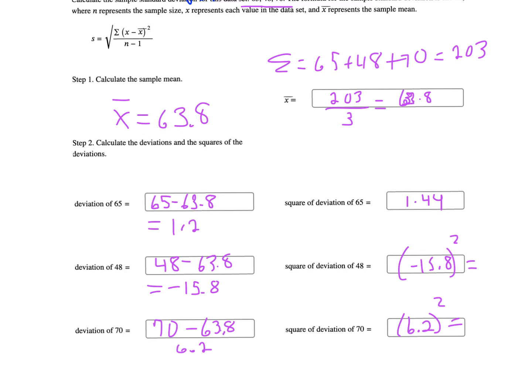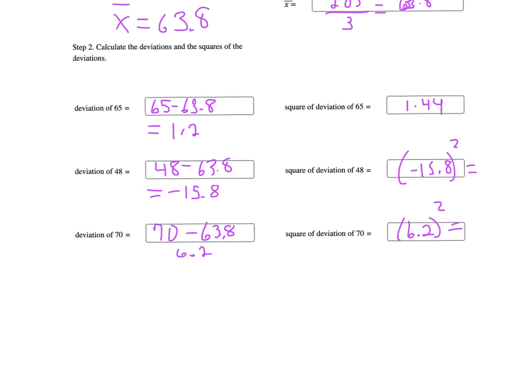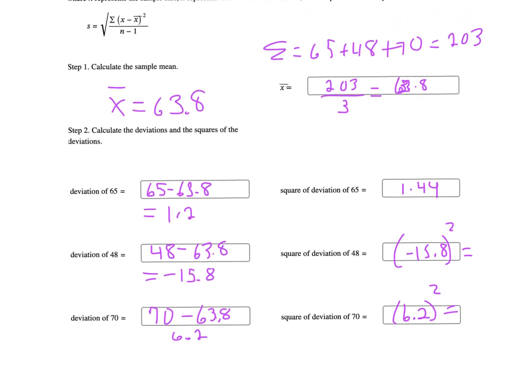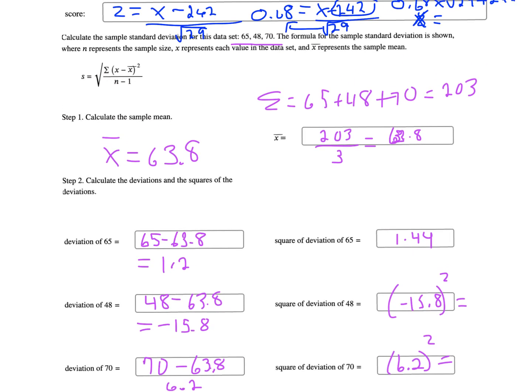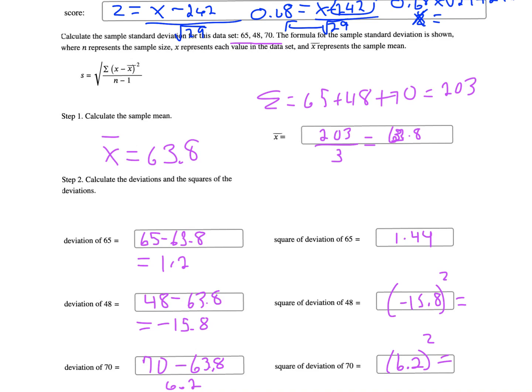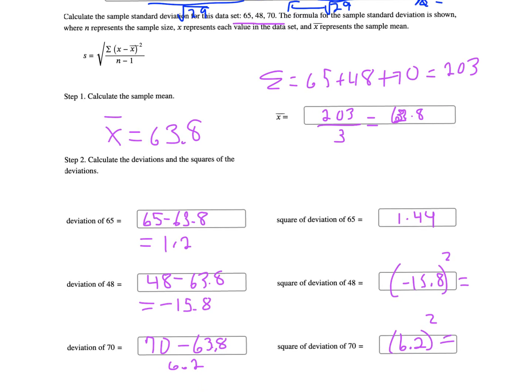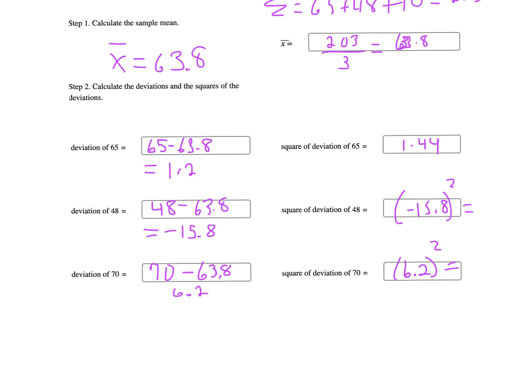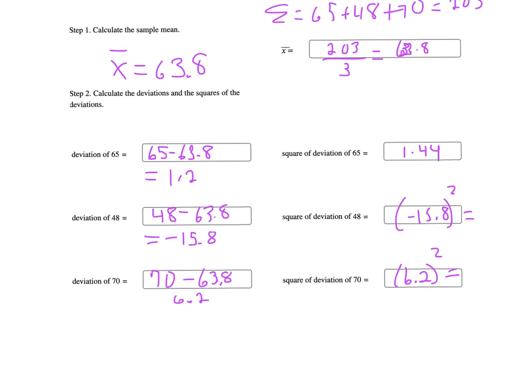Now, I don't think I have the rest of this, but I suspect that now they want us to calculate, up at the top here, it's saying find the sample standard deviation. And so all we have to do now is take the sum of these deviations squared. In other words, we're just going to add these up, whatever they add up to.